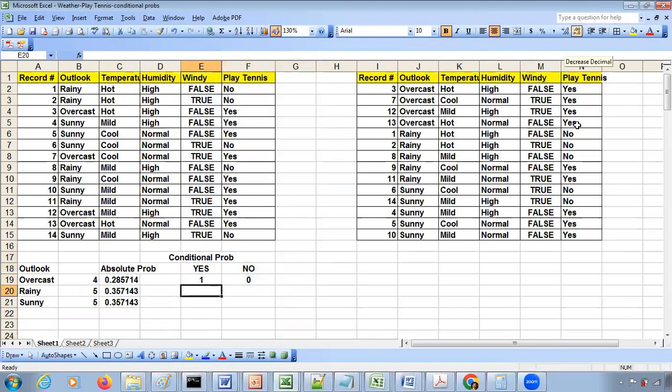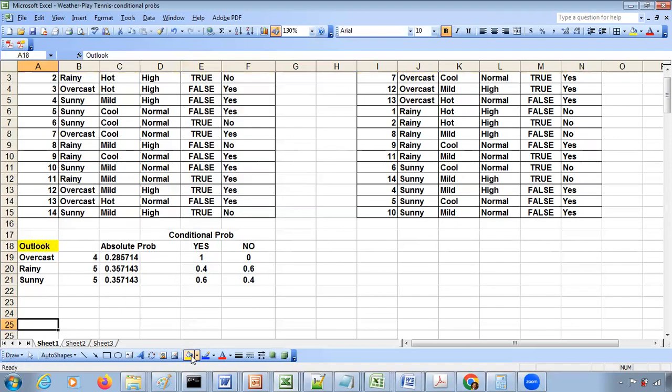Then out of the 5 rainy records, we have 3 no's and 2 yes. So 3 out of the 5 have no, and 2 of the 5 have yes. And out of the 5 sunny records, you have 2 no's and 3 yes. So that's how you find the conditional probabilities. That's for Outlook.